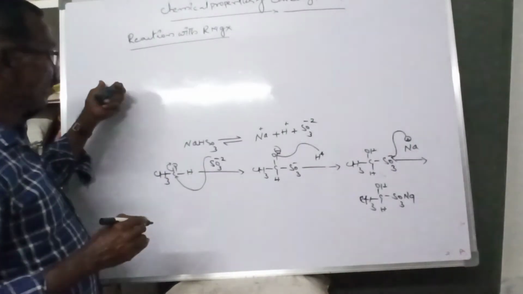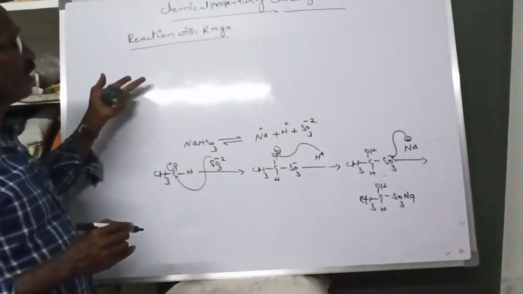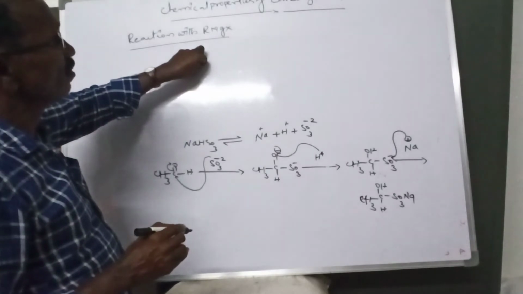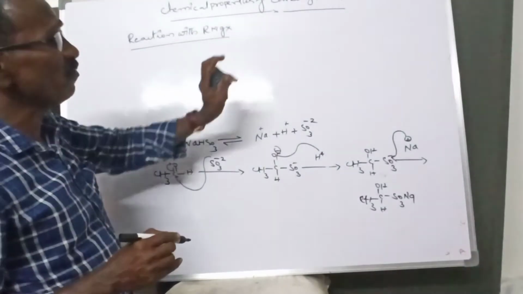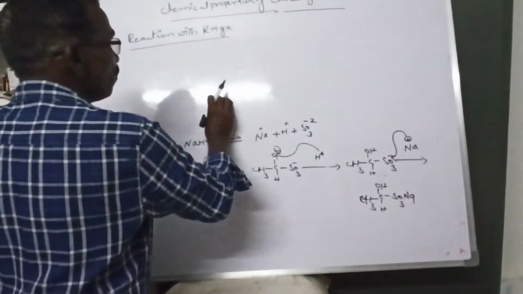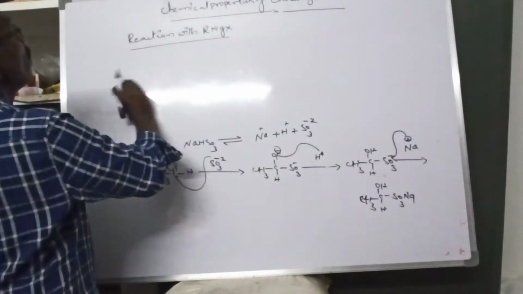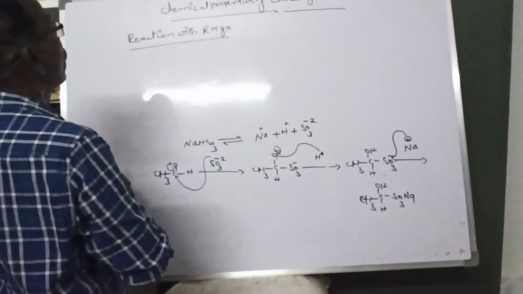If the ketone, the first compound of ketone is acetone, reacts with Grignard reagent and undergoes hydrolysis, it forms tertiary alcohols. So primary, secondary and tertiary alcohols are prepared with the use of Grignard reagent.